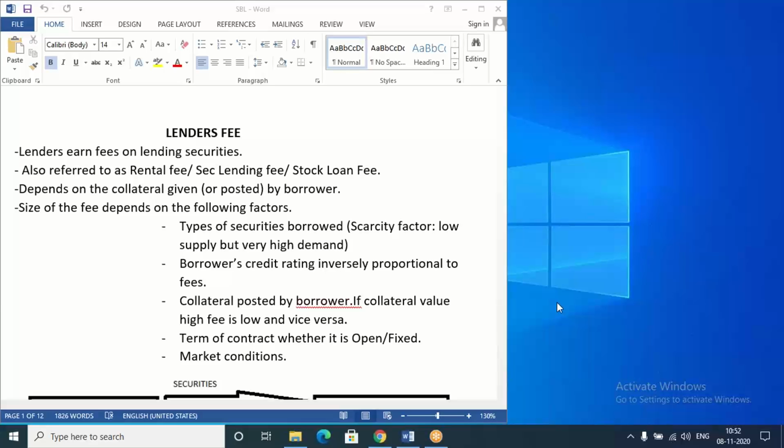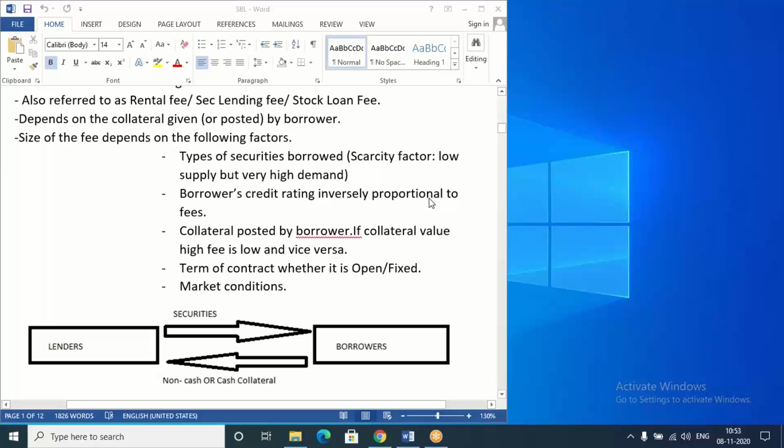Is that clear? Okay. And also it depends on the market conditions, how the market is doing right now. So, for the lender, one of his gains for loaning securities is the lending fee. Okay. Write this down before we continue.